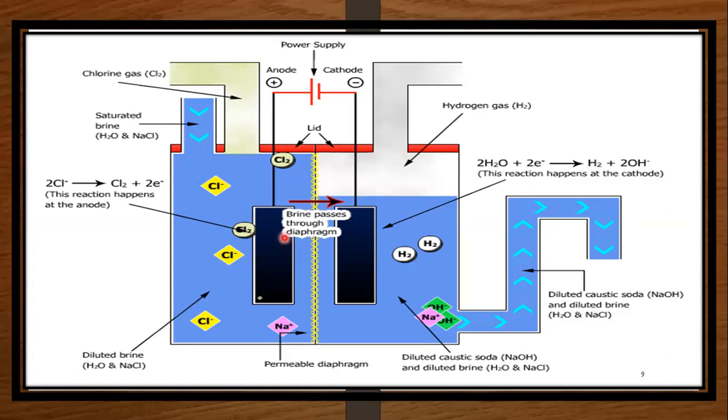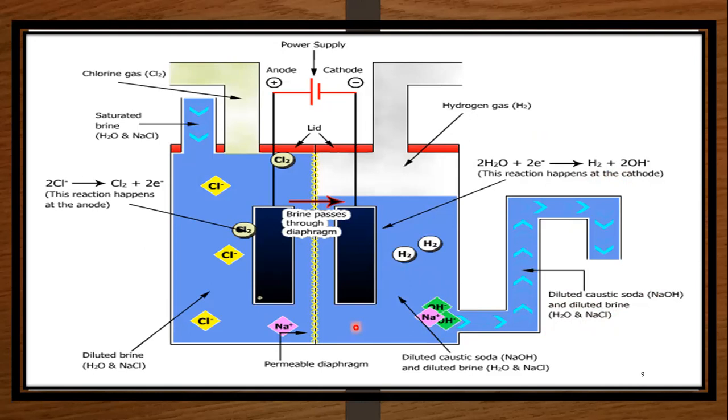The electrons present in the anode start to move from the anode to the cathode, and this negative charge is available on the cathode. So the water, when it gains an electron, breaks into hydrogen and hydroxyl ions. These hydroxyl ions react with sodium and form sodium hydroxide.